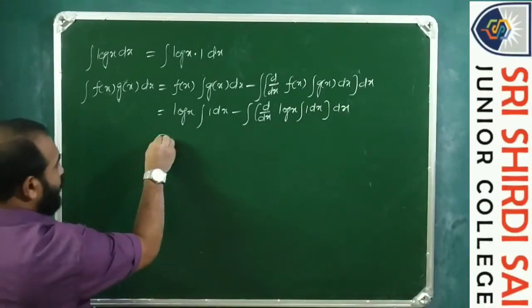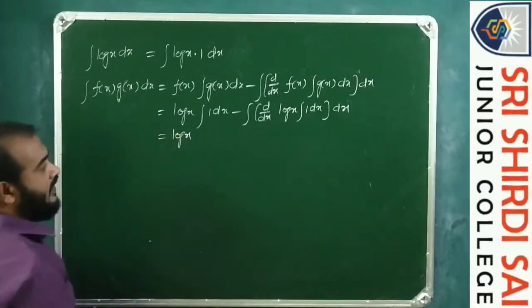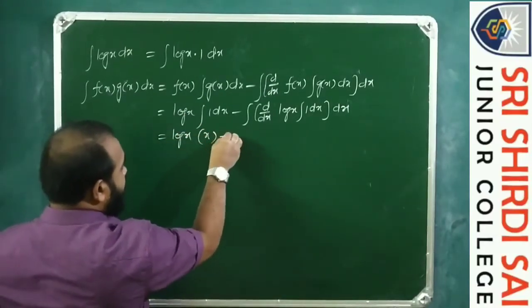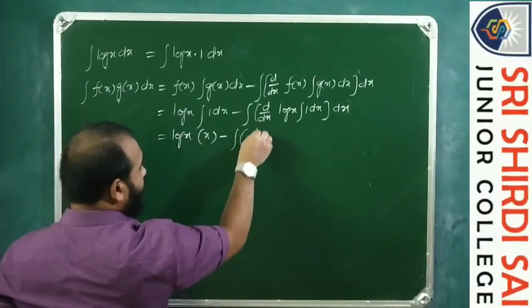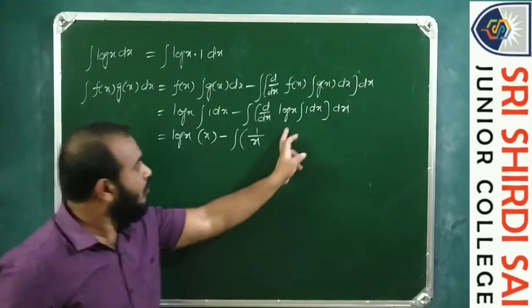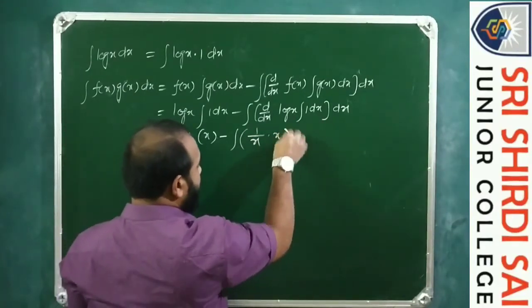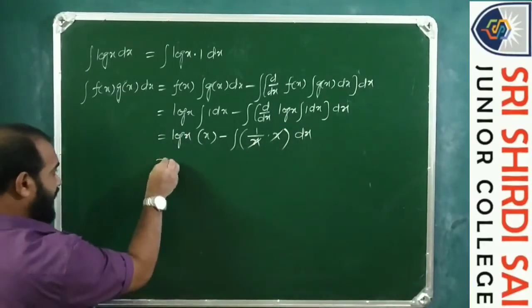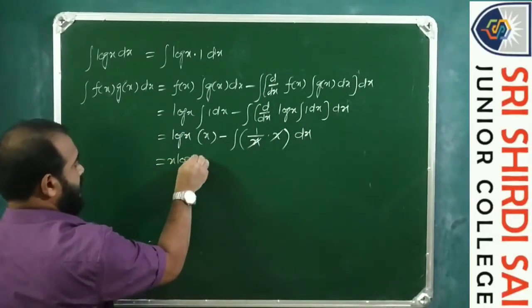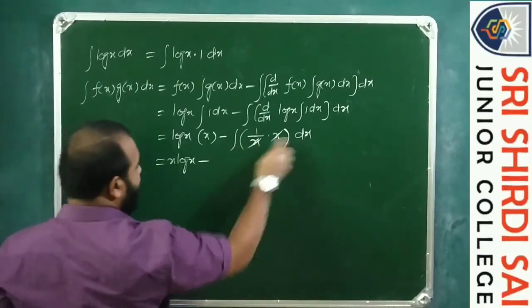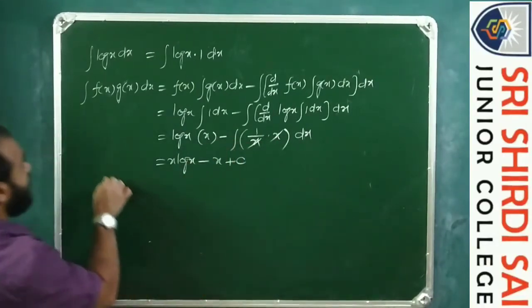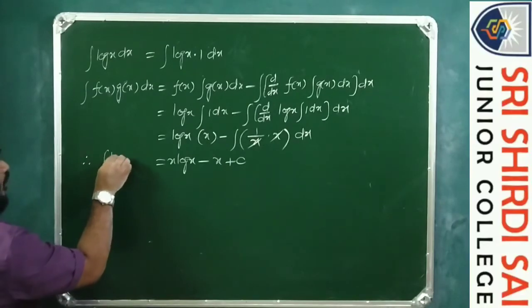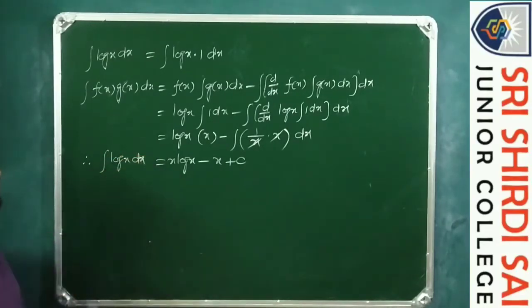So this is equal to log x, integral 1 dx is x, minus d by dx of log x is 1 by x, integral 1 dx is x, whole dx. So x gets cancelled. So this is x log x minus integral 1 dx, which is x, plus constant of integration c. Therefore integral log x dx is equal to this.